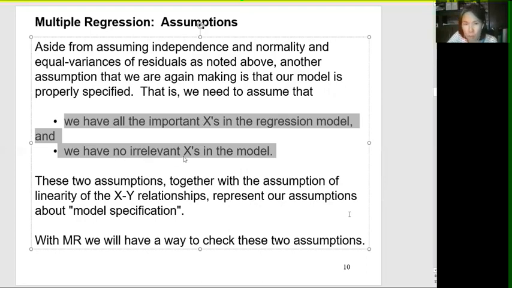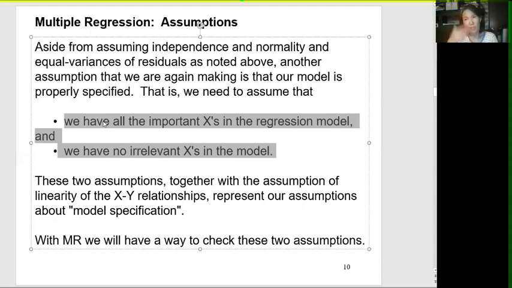Number 2, no irrelevant x's in the model, okay? So they are 2 different elements, and if one is missing, your model is misspecified. So if you have only one x variable, it's model misspecification. So you have to have multiple x variables, okay?